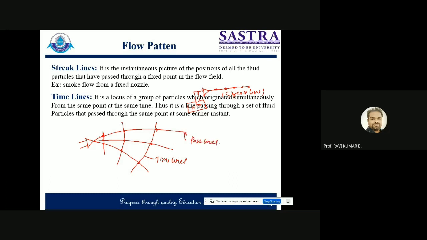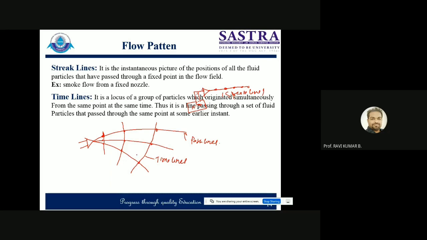Every particle which is traveling, this is known as path line. One line you are drawing through n number of particles. They initially were here, second time they are here, third time they are here. If you are drawing a line through that set of particles, that is known as timelines. Is that clear?